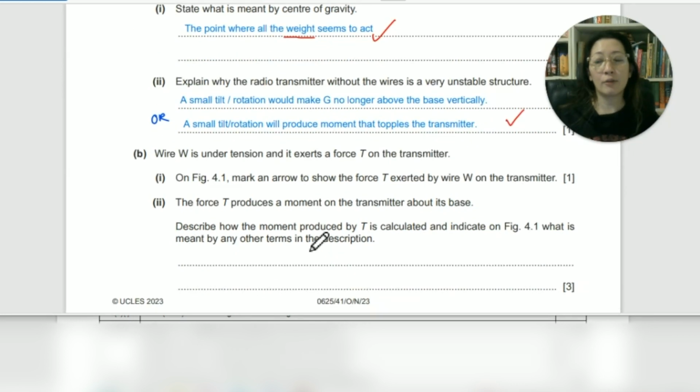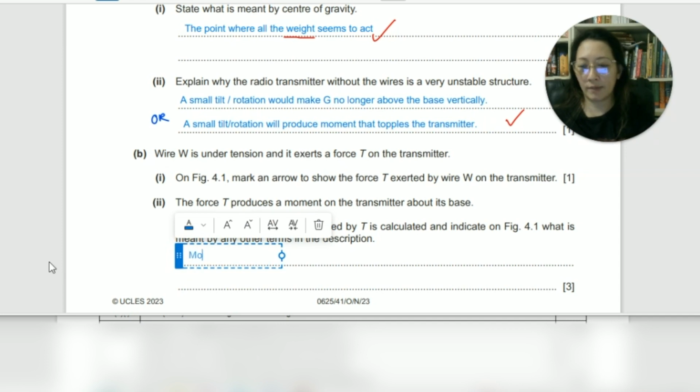So first of all, how do we describe the moment produced by T? To get moment, we calculate the value by taking the force times the perpendicular distance from the pivot. So that's what we're going to write, where the moment is the force, or even if you wrote T, it would be acceptable because that's how it's labeled in the question.